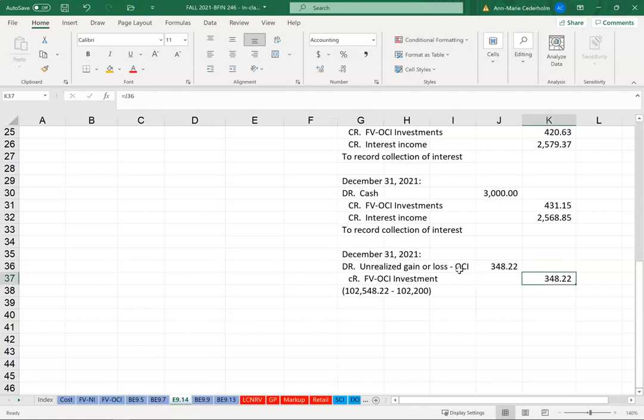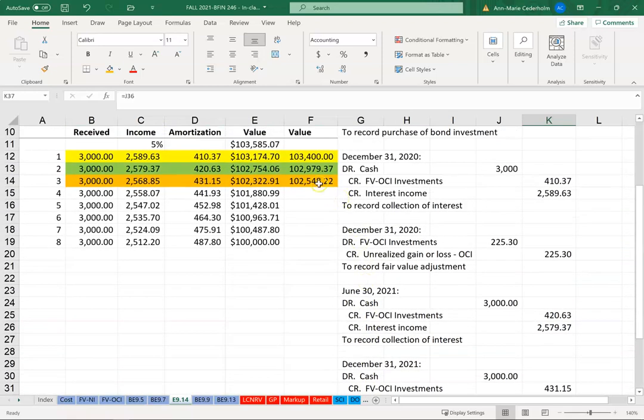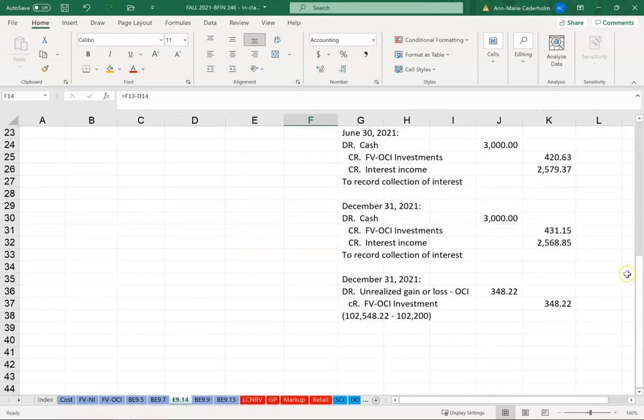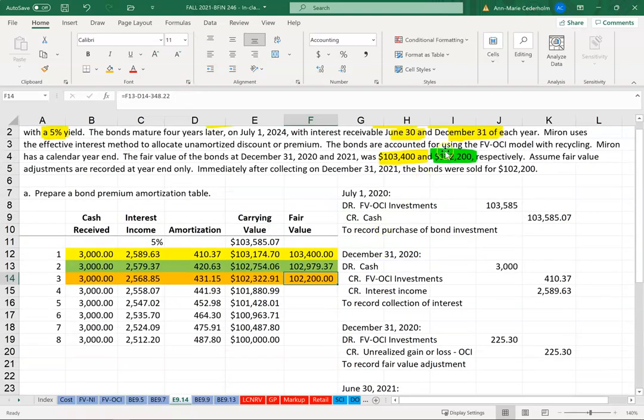So I'm just double checking my math, which is correct. So if I put that little adjustment through right here, I just double check it here as well. So that's 348.22. So I'll just go minus 348.22. Then that will give me now that balance of 102,200. So that is the correct adjustment.